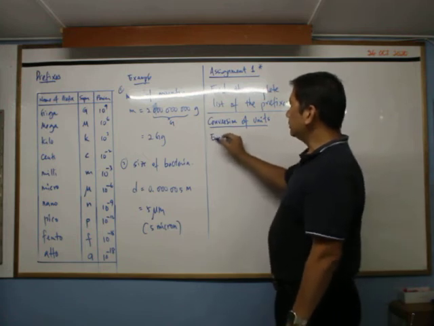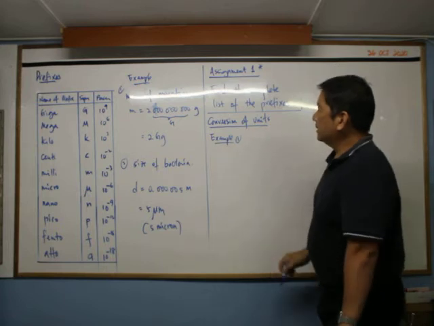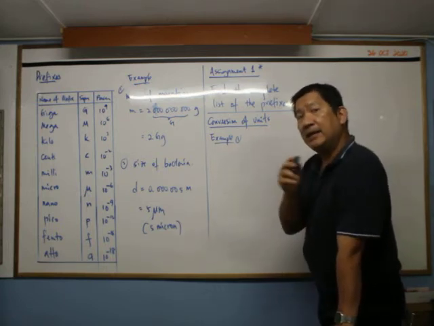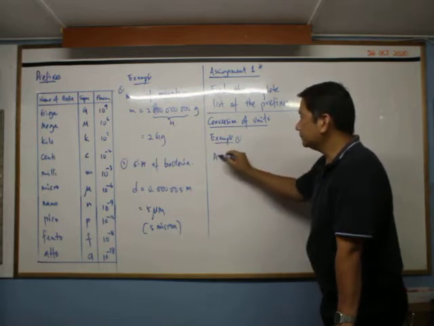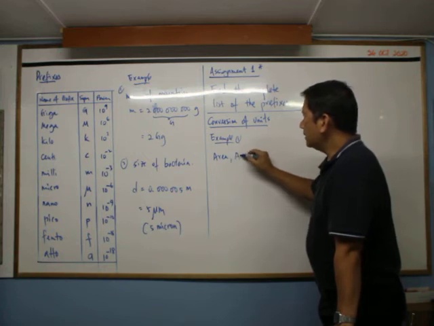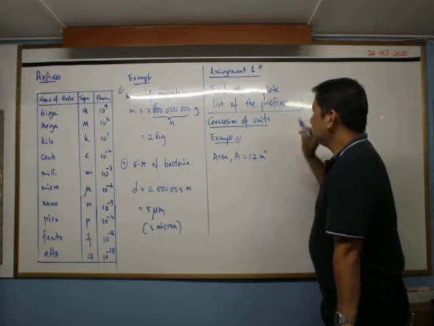So example number 1, I call it. Let's say you want to convert an area in meter square. The area A is, let's say, 12 meter square.